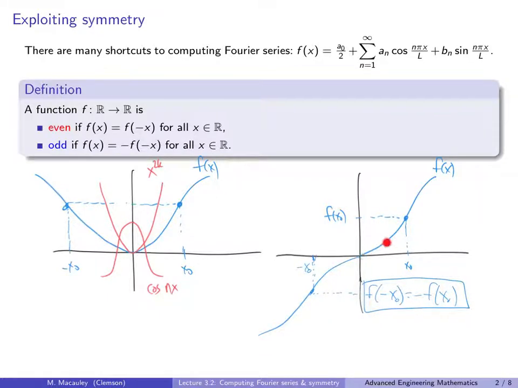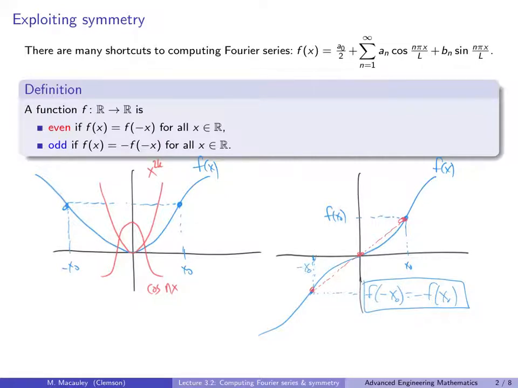And that just means that if I take this piece and I reflect it across the y-axis and then the x-axis, that's when I get symmetry. So sometimes we say it's symmetric about the origin, because if I take f of x naught and connect it with f of negative x naught, then the line should go right through the origin.